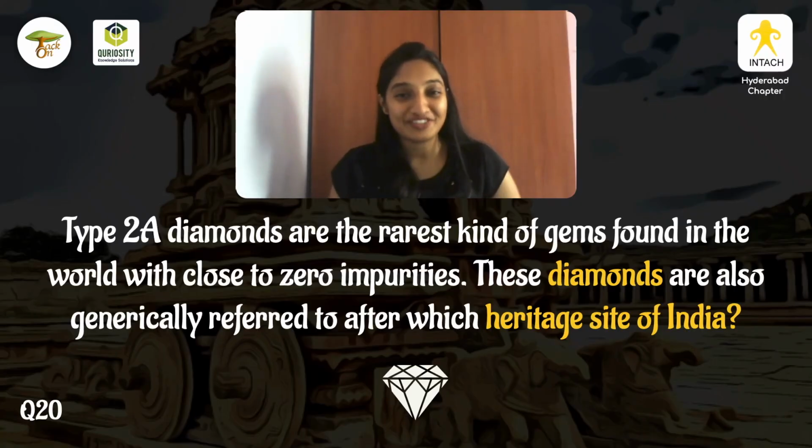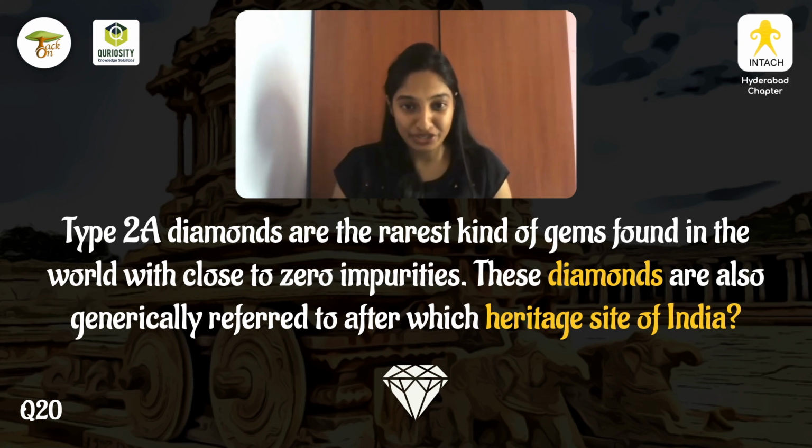So here is the final question for the day, question number 20. Type 2A diamonds are the rarest kind of gems found in the world with close to zero impurities. Basically, this is a purity measure, and some of the most famous diamonds in the world belong to this category. One of them being the white diamond that Elizabeth Taylor wore on a daily basis.